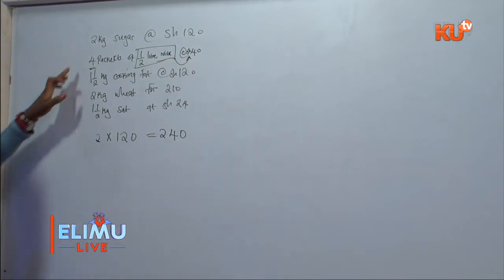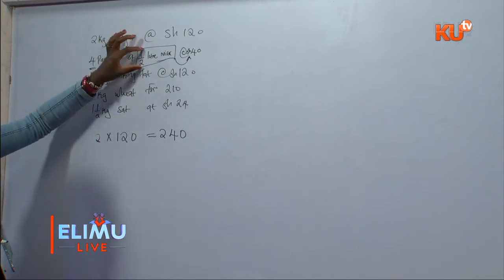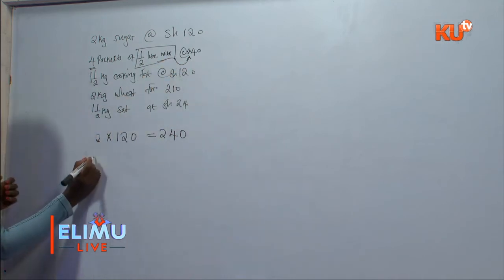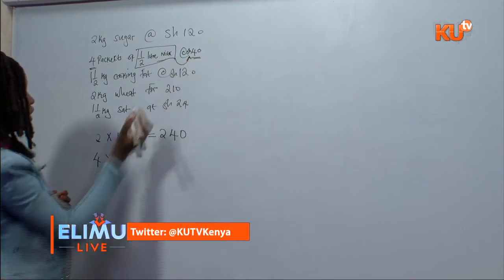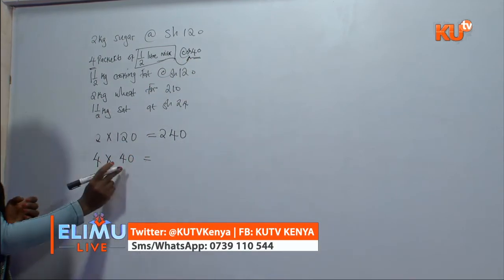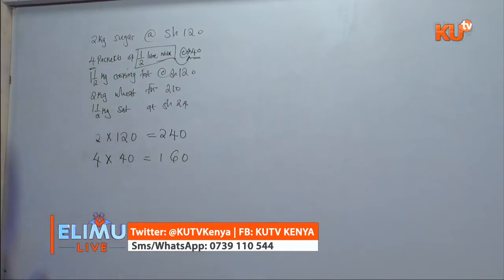So it's going to be 4, the number of packets bought, times the cost of 1 packet, which was 40 shillings. 4 times 40, we get 160 shillings. Then we have 1½ kgs cooking fat at 120 shillings.